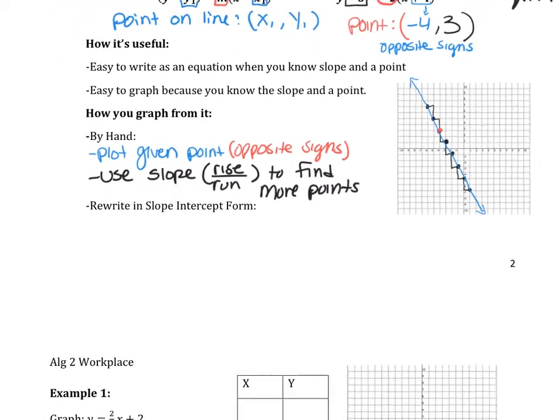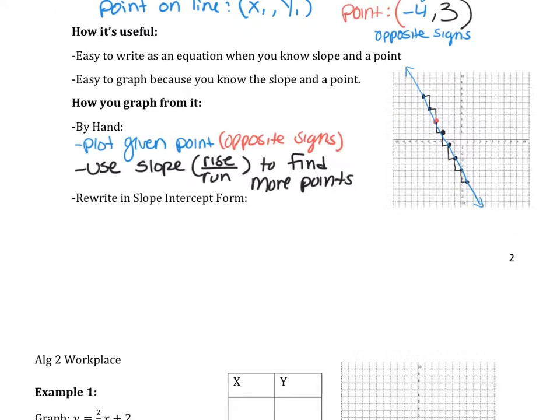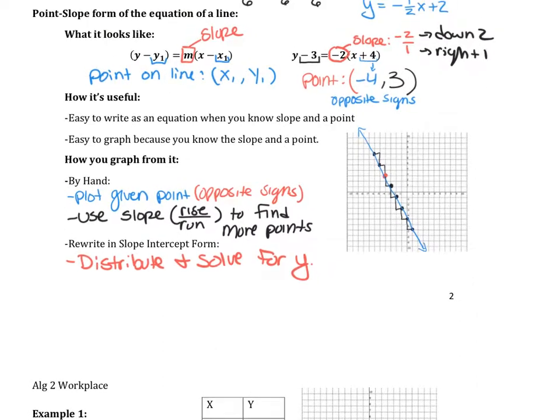Okay, or again, if you want to do it in your calculator, that's fine. You just have to rewrite this equation in slope-intercept form. So again, to do that, we would distribute and solve for y. So we had our original equation, which was y minus 3 equals -2x plus 4.